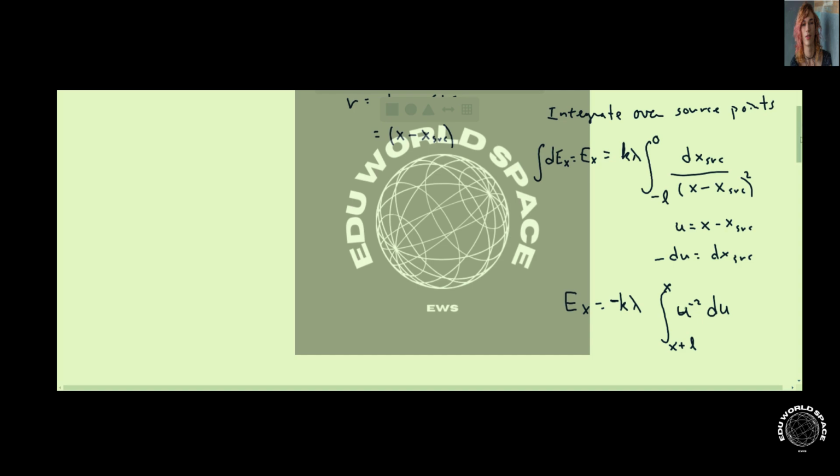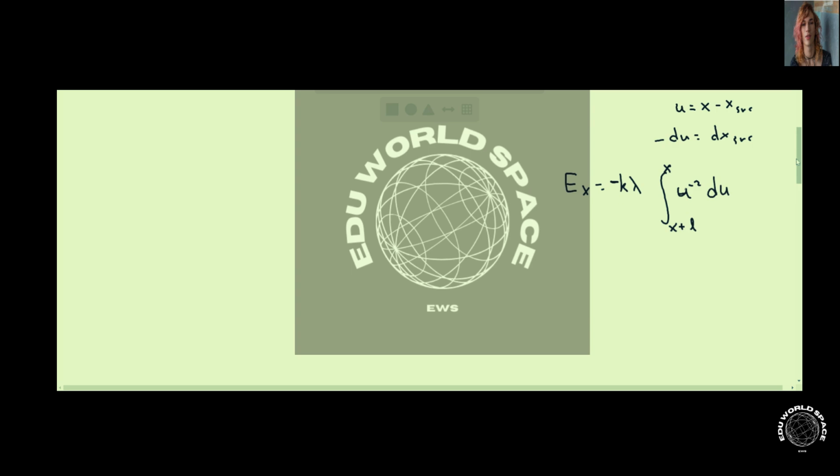Okay, and that's a fairly easy integral. It's just u to the minus 1 with a negative sign that cancels the 1 out in front. And we can mess around with this a little algebraically. I don't know how much people need to do this.